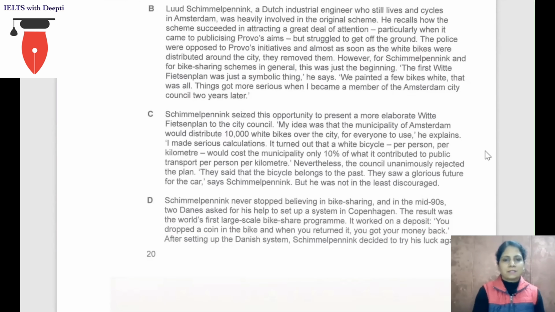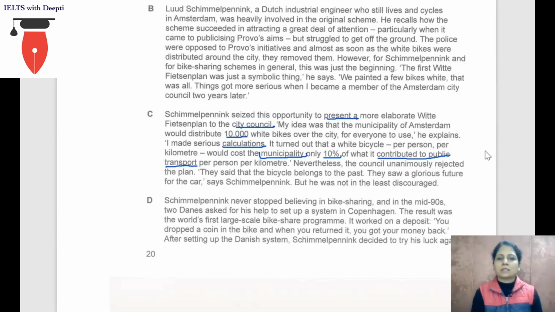And the bikes can be used across the city, and some calculations were also made here in which the cost that is coming here, we see that is only 10%. So for the municipality, the cost will only be 10% of what the municipality actually spends on public transport per person per kilometer. Which means the cost would be greatly reduced.